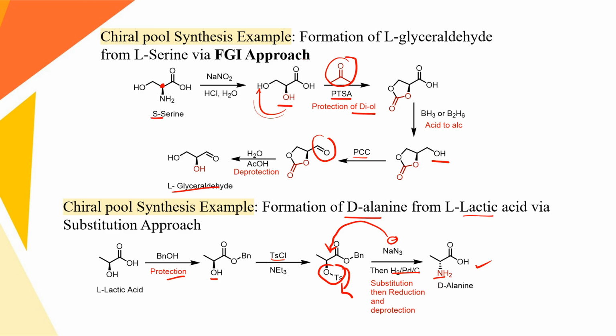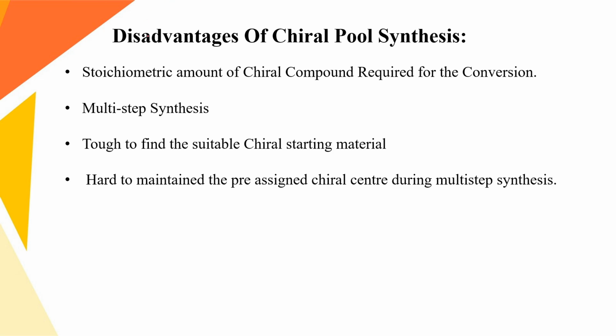So you can find how beautifully they can design it by taking a simple naturally occurring chiral compound via functional group transformation to their desired product. Now you may think that okay, this is very easy, this is very sustainable, but no, this particular process has certain advantages and disadvantages as well. So let us talk about advantages.